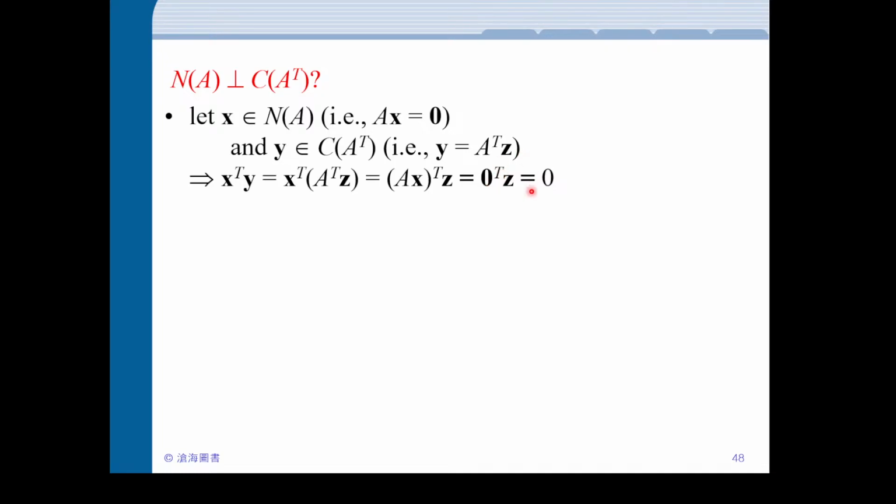So this is 0 transpose times z, but anything inner product with 0 is just 0. So here we prove that anything inside the null space and anything inside the row space are orthogonal to each other, with the actual algebraic proof.